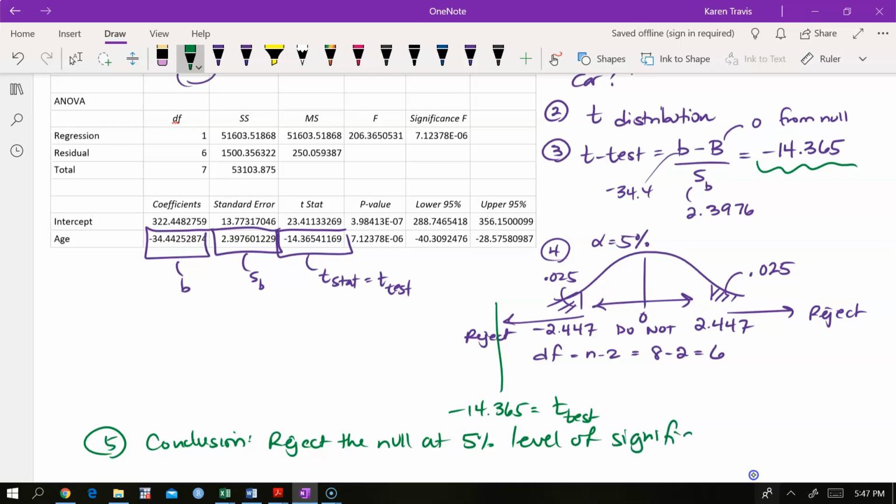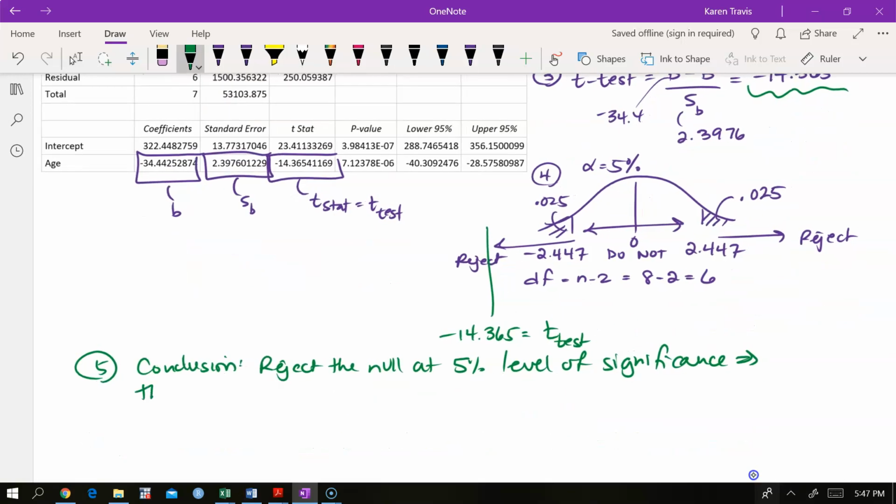Which means there is a statistically significant effect of age on the price of the car.